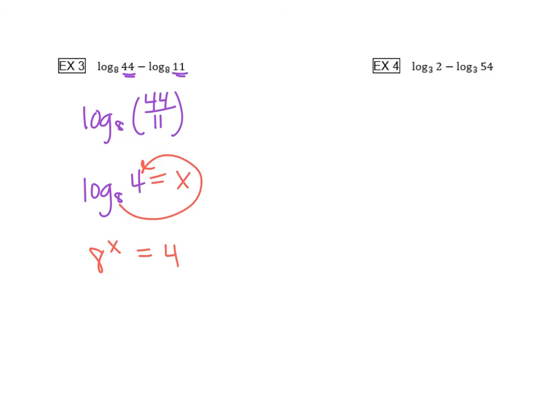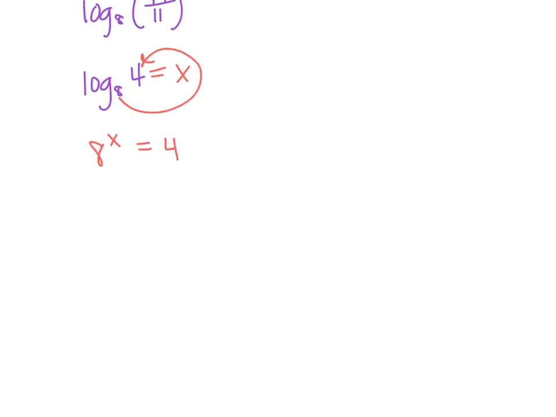When we worked on these a couple lessons ago, we knew that we had to make these bases the same. So 8 and 4 I can both write in terms of 2. 8 is equal to 2 to the 3rd power, and I'm just going to bring down that exponent of x. And 4 is equal to 2 squared. So now we have our same bases of 2. Let's simplify this real quick.